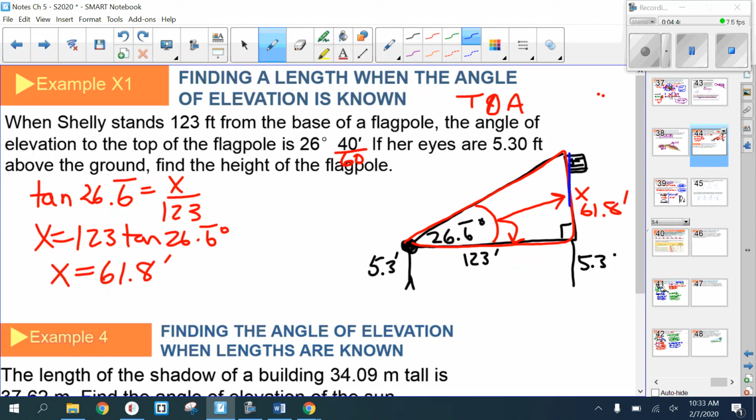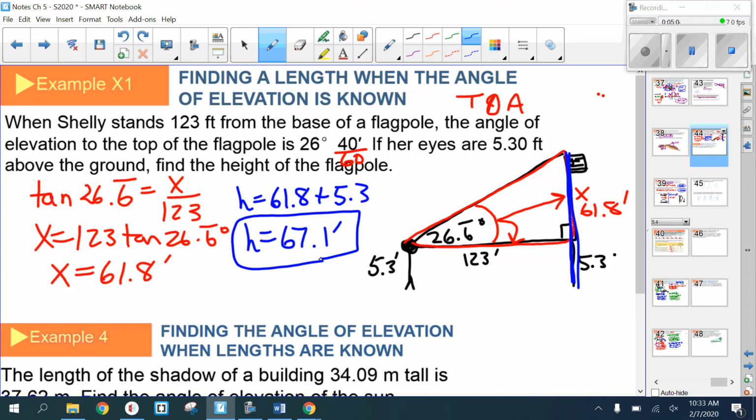The flagpole is that plus this 5.3. Remember, Shelley's eyes were 5.3 feet above the ground. So the height is 61.8 plus 5.3, that's 67.1. The height of the flagpole is 67.1 feet.